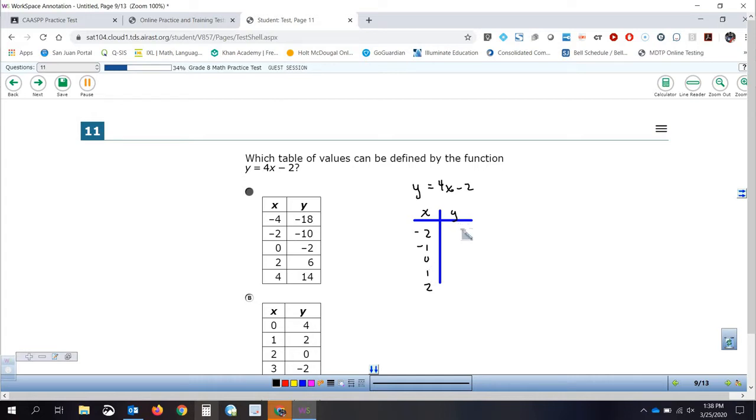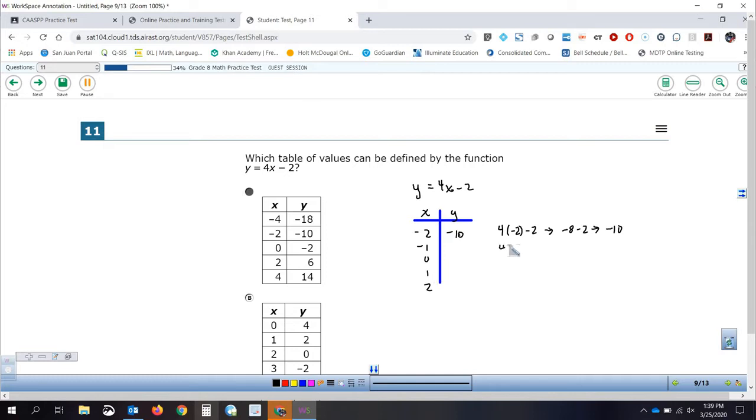So again, if I want to find this value right here, what am I going to do? I'm going to do 4 times -2, take away 2. Well, 4 times -2 is -8, and -8 take away 2 is -10. So this point right here would be -2, -10.